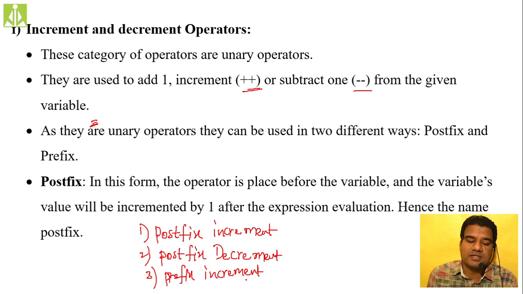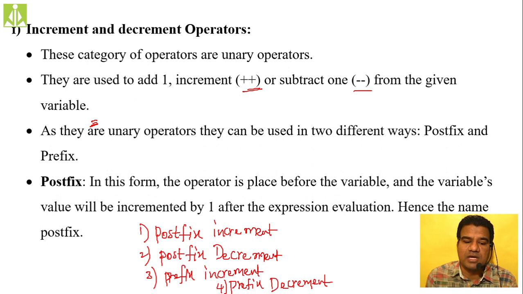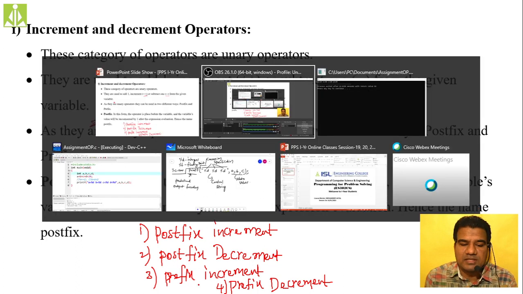And the fourth one, prefix decrement. Remember all these categories: postfix increment, postfix decrement, prefix increment, and prefix decrement. I will explain all these four by taking some simple examples.